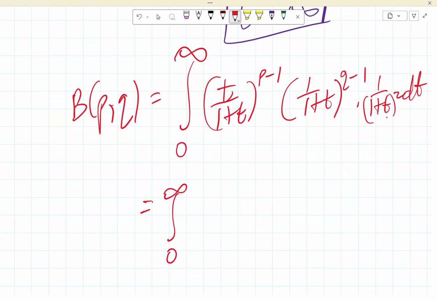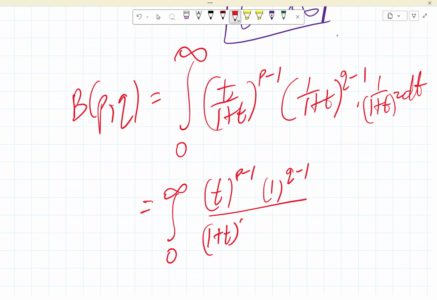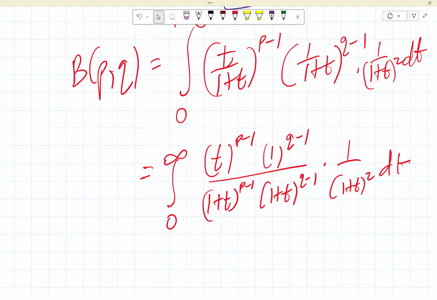If we collect everything here, this is t raised by p minus 1 up here, then 1 raised by q minus 1 up here, all over 1 plus t raised by p minus 1, then 1 plus t raised to power q minus 1, multiplied by 1 over 1 plus t raised to power 2, dt.